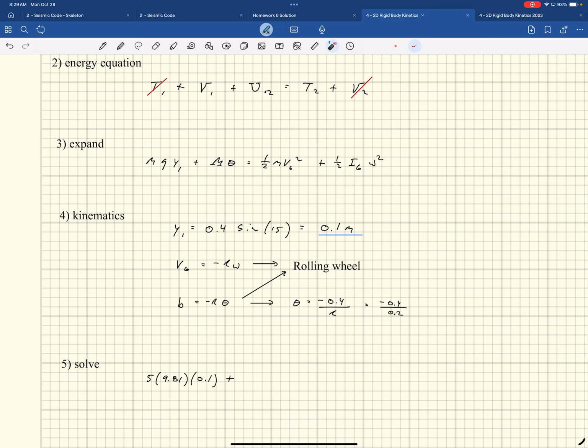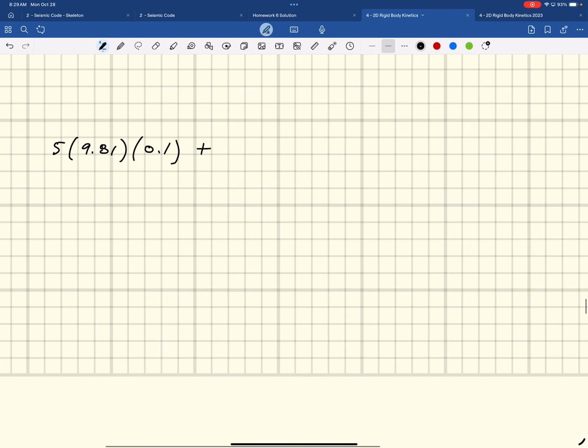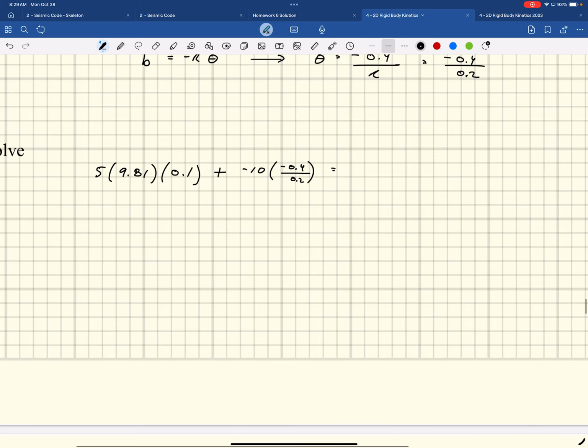Or you could just say, well, I know it's gonna be positive because it's acting in the direction of motion. Either way works. We'll put in the signs here. That's the negative 10 is the magnitude of the moment, and that's over negative 0.4 over 0.2. I should be able to do that math, but I'm just going to leave it broken up there. All right, so then obviously the resultant will be a positive.